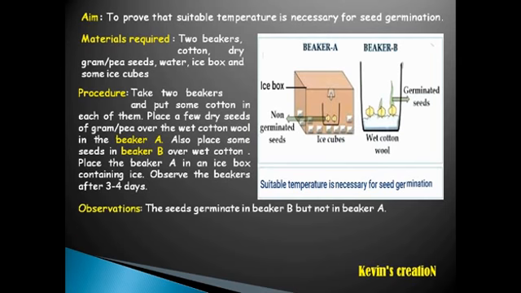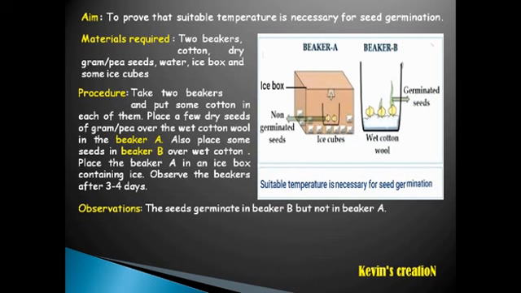After that you will observe that seeds germinate in beaker B but not in A. In B you can see the seeds are getting all 3 required conditions: air, water and suitable temperature.